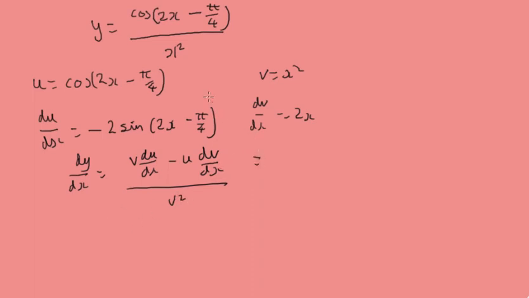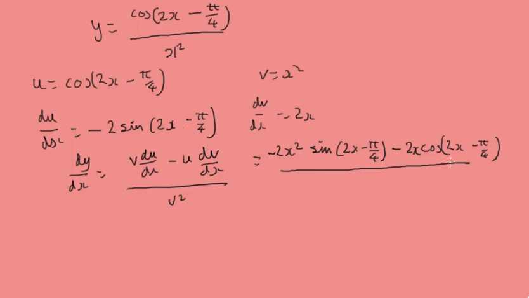So that will be, our v was x squared, and du by dx is minus 2 sine 2x minus pi over 4, and then minus u, which is cosine 2x minus pi over 4, multiplied by dv by dx, which is 2x, all over v squared, which was x to the power 4.